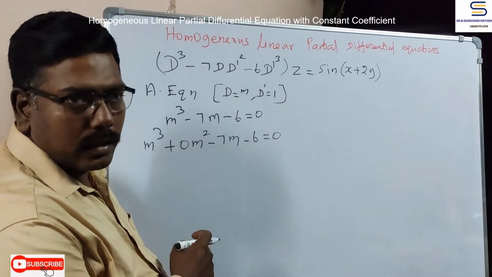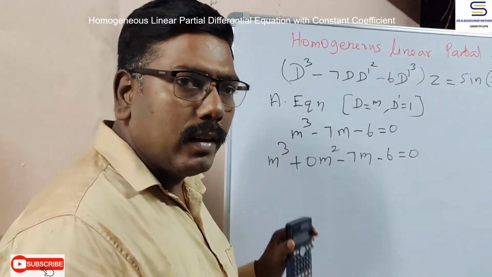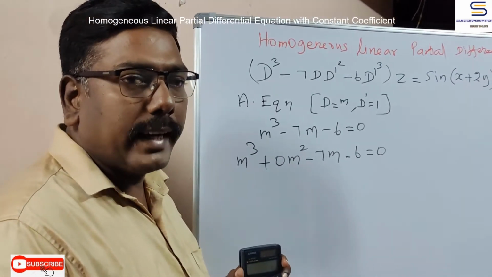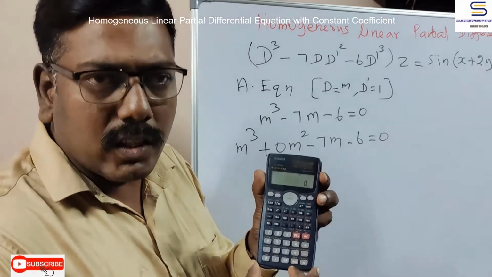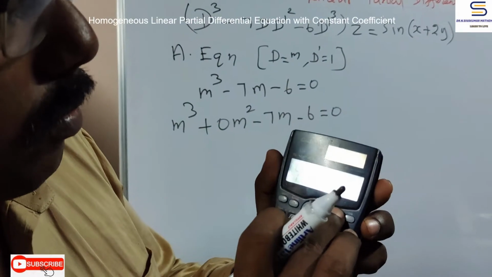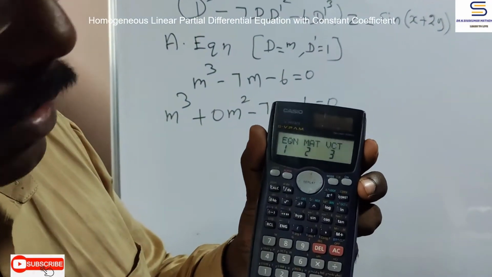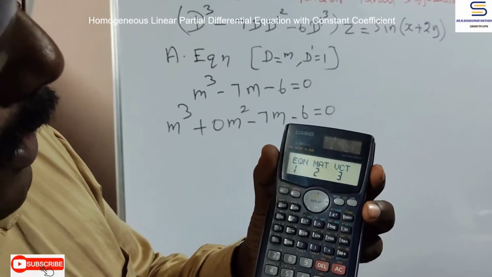Now we have to solve this equation. For solving this equation, you can use a scientific calculator like Casio fx-991MS. Just press mode 3 times. Then we can see equation, matrix and vector.